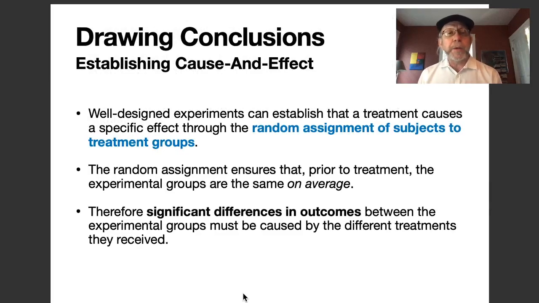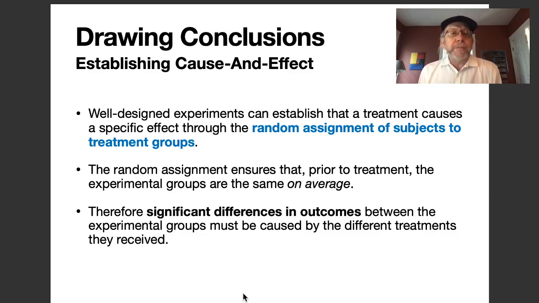So, how can experiments establish cause and effect? They do so by another application of randomness, namely the random assignment of subjects to treatment groups. What a random assignment of subjects to treatment groups does is it ensures that prior to applying the treatments, the experimental groups are the same on average. Because we've randomly assigned individuals to the various groups, there's no reason to expect systematic differences among the groups.